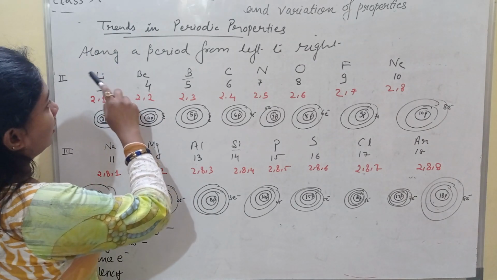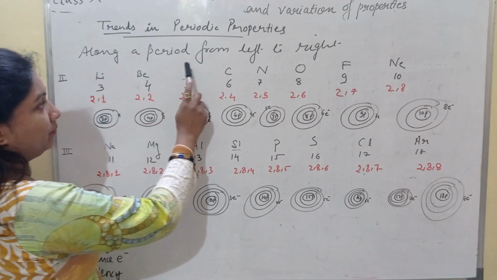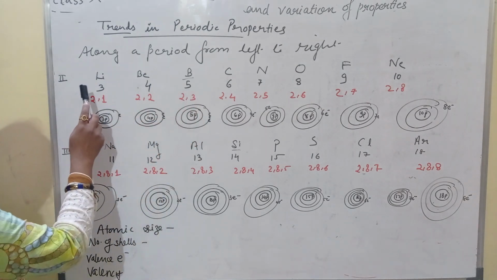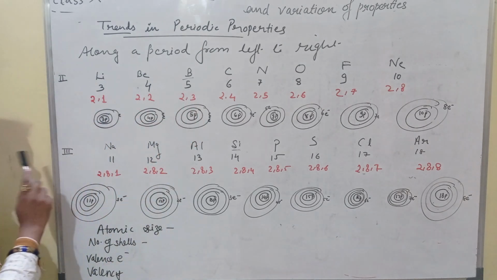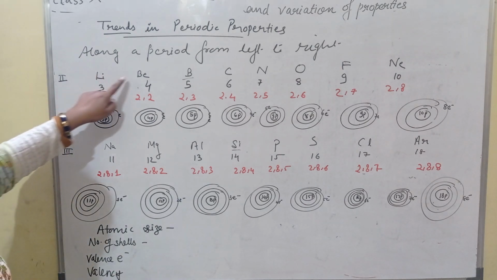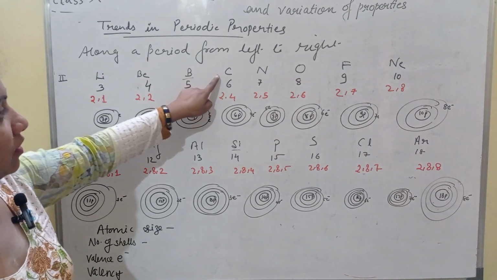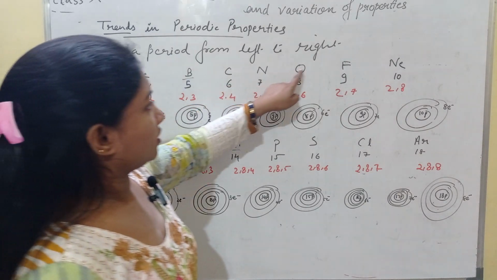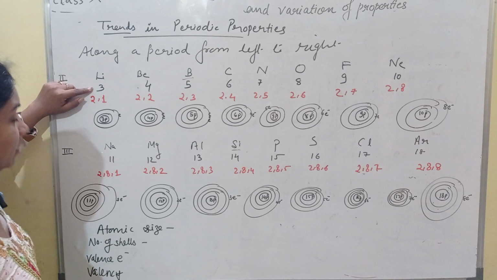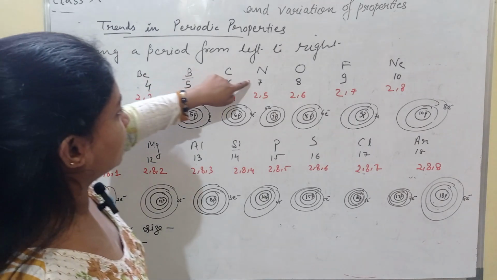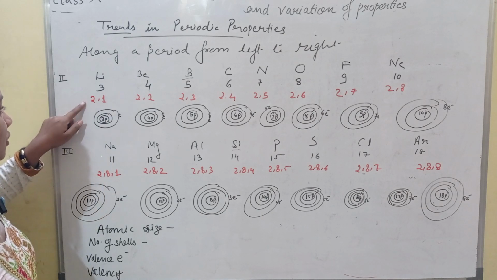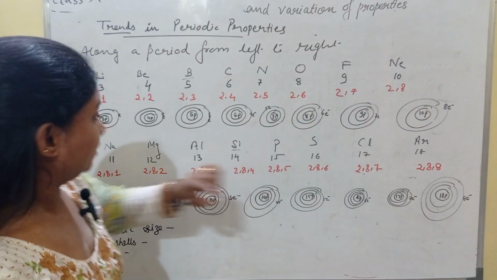First we will see how these properties vary along a period. I have taken elements of period 2 and period 3. In period 2 the elements are lithium, beryllium, boron, carbon, nitrogen, oxygen, fluorine and neon. The atomic numbers are written here, 3, 4, 5, 6, 7, 8, 9, 10, and the electronic configuration is written in red.